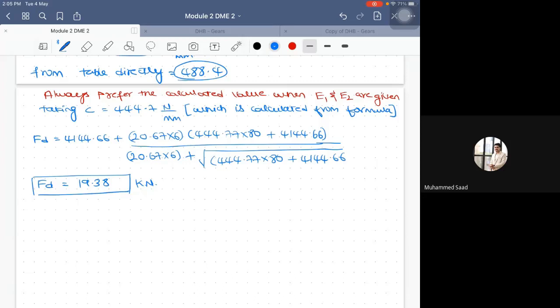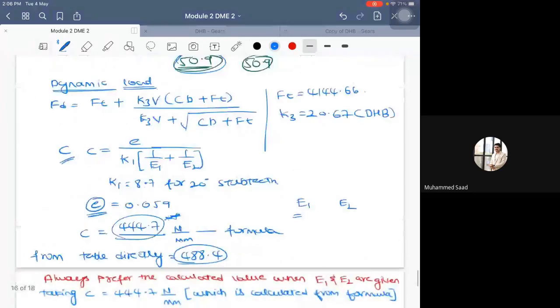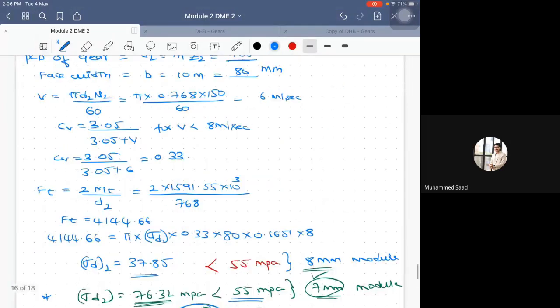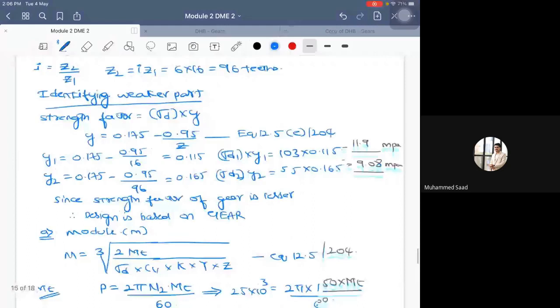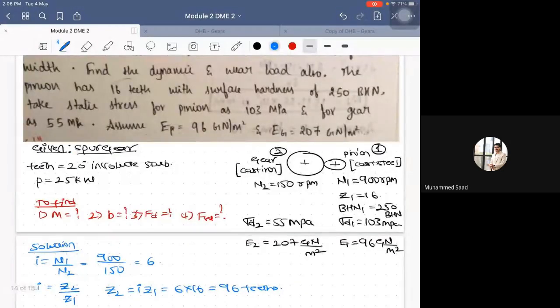So once the dynamic load is calculated, just look for anything we still have to calculate in this problem, or whether we can end this problem. Let me cross verify. We have calculated the module. We have calculated the face width. Just now we have calculated the dynamic load. So the wear load is something new, which we are going to calculate now.